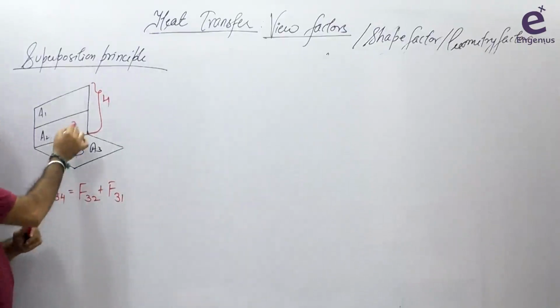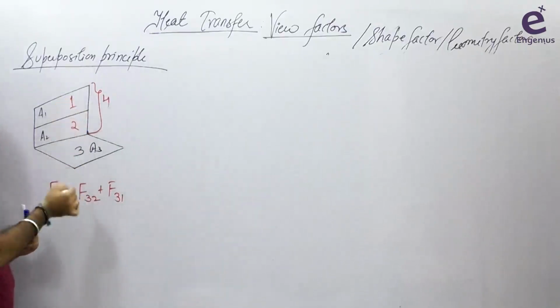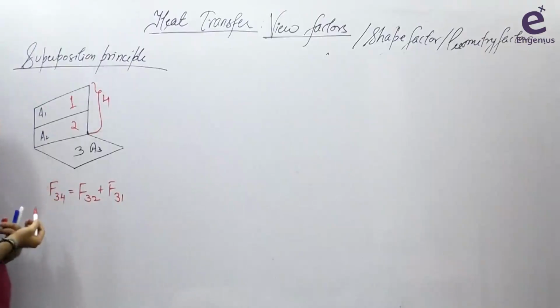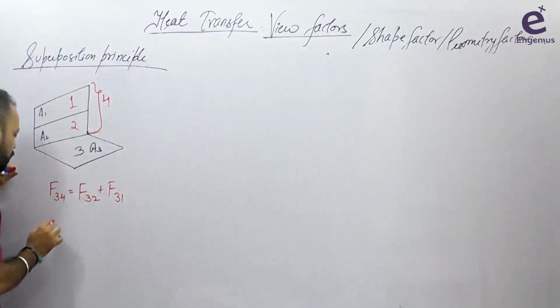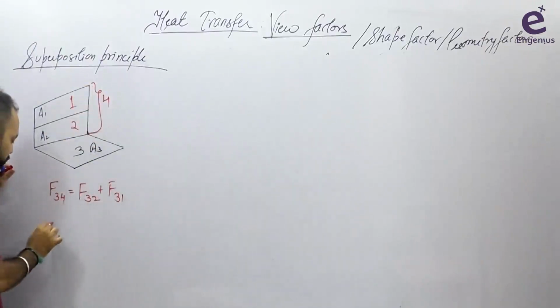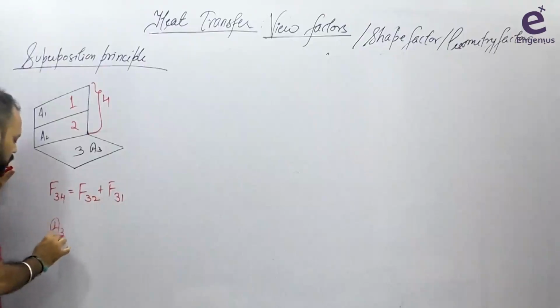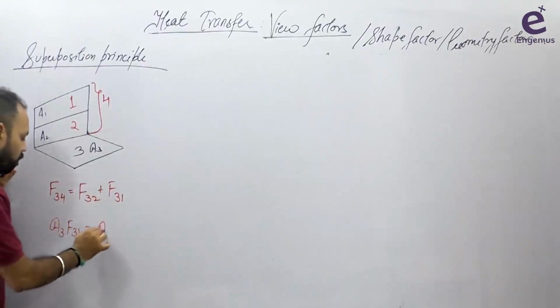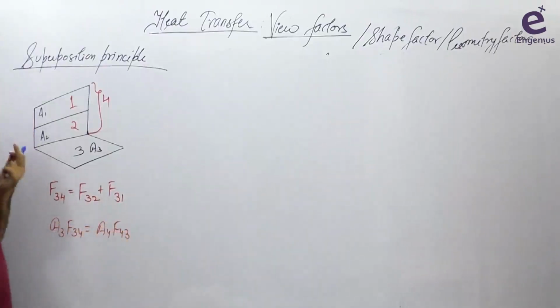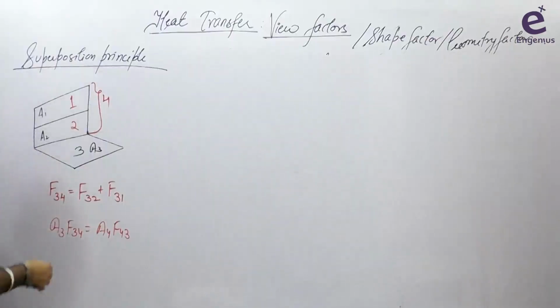This is surface 2. This is surface 1, and then you can write the reciprocity relation. Obviously, you can write the reciprocity relation between these two, right? Suppose you consider this as a single surface, so you'll write that A3 F34 is equal to A4 F43, correct? And what is A3? A3 is A3, okay?